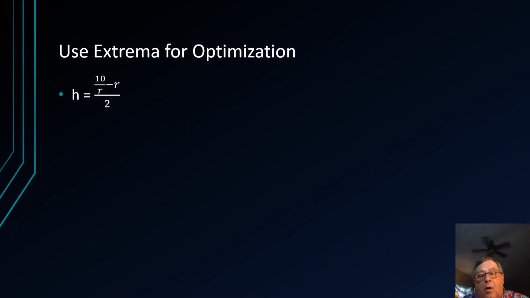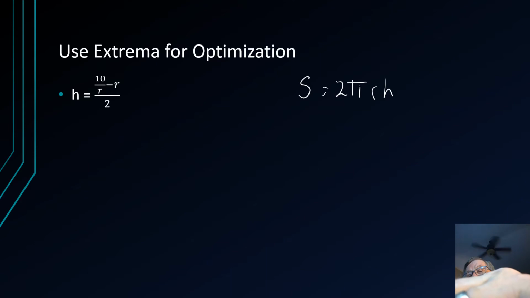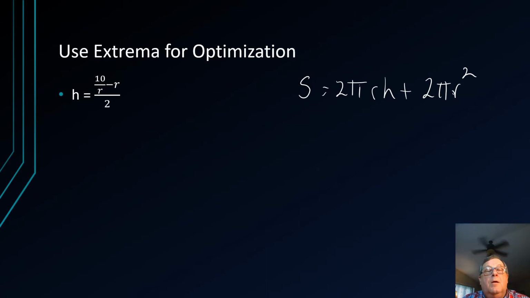All right, if you recall, the surface area formula was S equals 2 pi radius height plus 2 pi radius squared. When we solved for h, we came up with this formula right here.